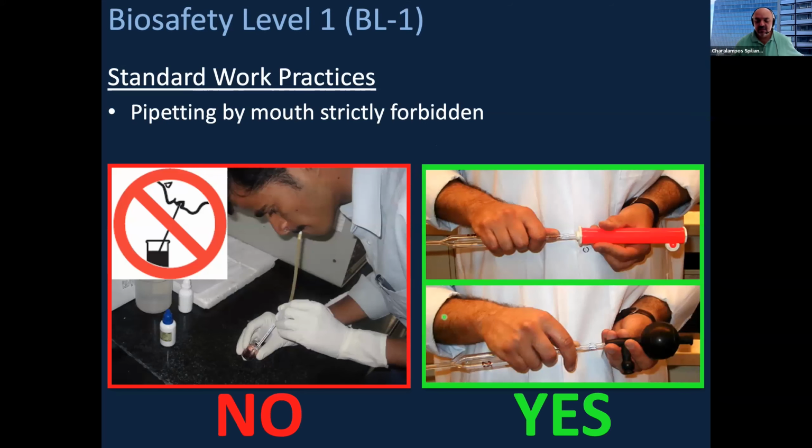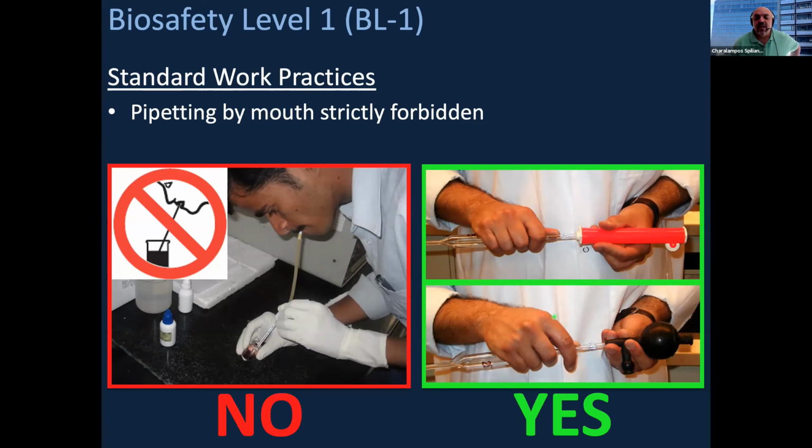In any case, the special practices that we should follow include mechanical pipettors and not mouth pipettors. Now you would say, I've never seen anyone pipetting by mouth. I did see, when I was a student, people pipetting by mouth, either radioactive material or even other reagents.